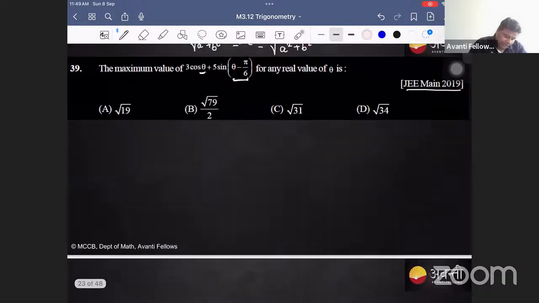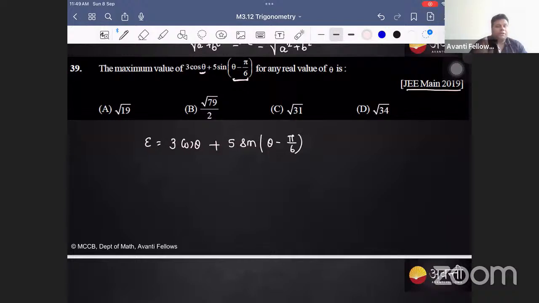So the question is, the expression 3 cos theta plus 5 sin(theta minus pi by 6). Okay, first of all, take a moment. I give you 1 minute to think about it. I will launch a poll. If you get the correct answer, mark it. Go with it quickly.